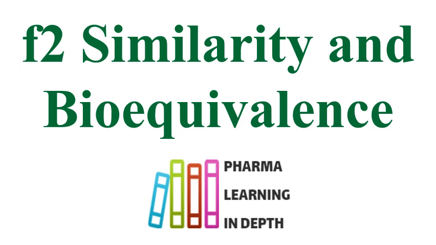So whenever we calculate the F2 value to show the dissolution similarity between two dissolution profiles, consider one as the reference profile, the second as the test profile, or the dissolution profile of a reference bioequivalence batch versus the other strengths, or the product before change and the product after change.